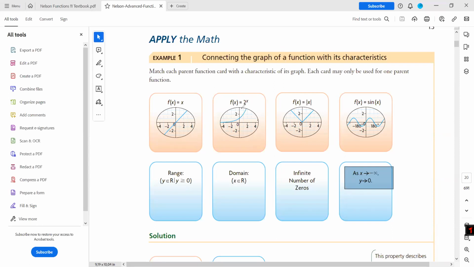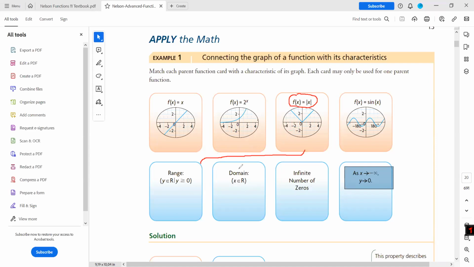It does not comply because we never could get y equals 0. Meanwhile, here in the range, you can see that y equals 0 is included. So it's not f of x equals 2 to the power x, but the modulus function f of x equals modulus x, so it could be equal to 0, and it could never be negative. So the first card goes here.